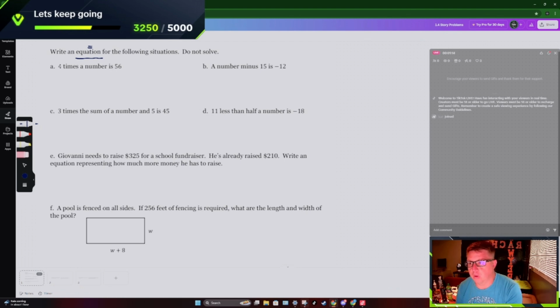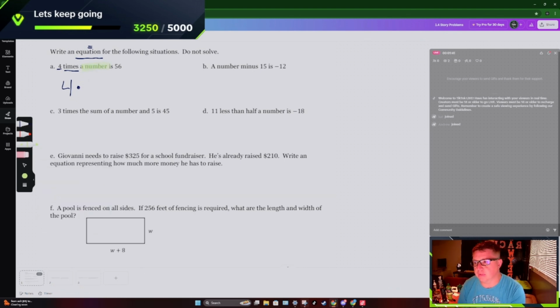So the first one, we're going to have 4. When I read story problems, I definitely read it left to right and just each word at a time. So if we can do something with just a word, let's do it. So 4 times. Now, here's going to be an interesting one that you're going to see a lot. It says a number.